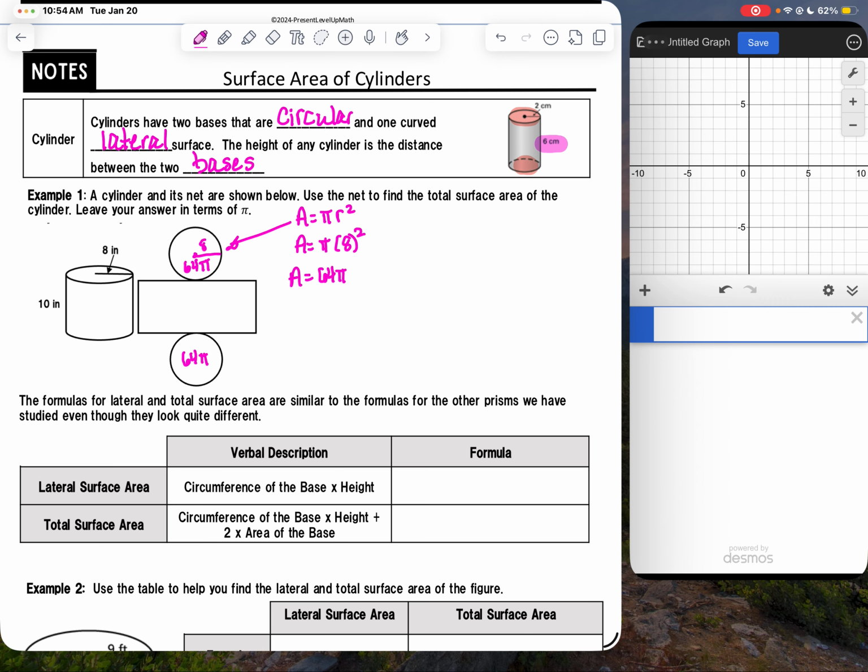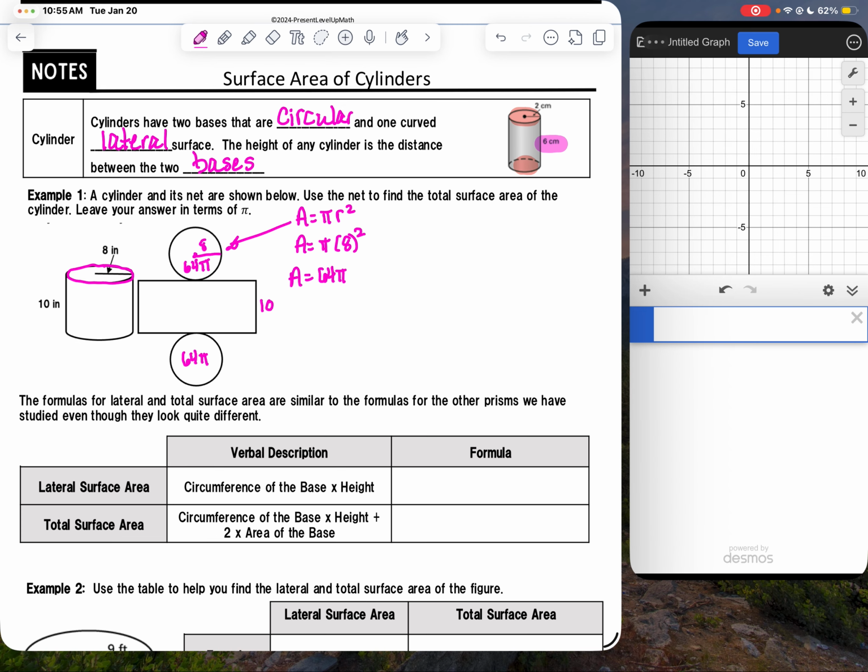Now, the area of the rectangle is a little bit more confusing. We know this length on the rectangle is not 18. I don't know why I wrote that. We know that this measurement is 10 because that is the length that connects the two bases. But to get the length of this rectangle, remember, we're going all the way around that circle.